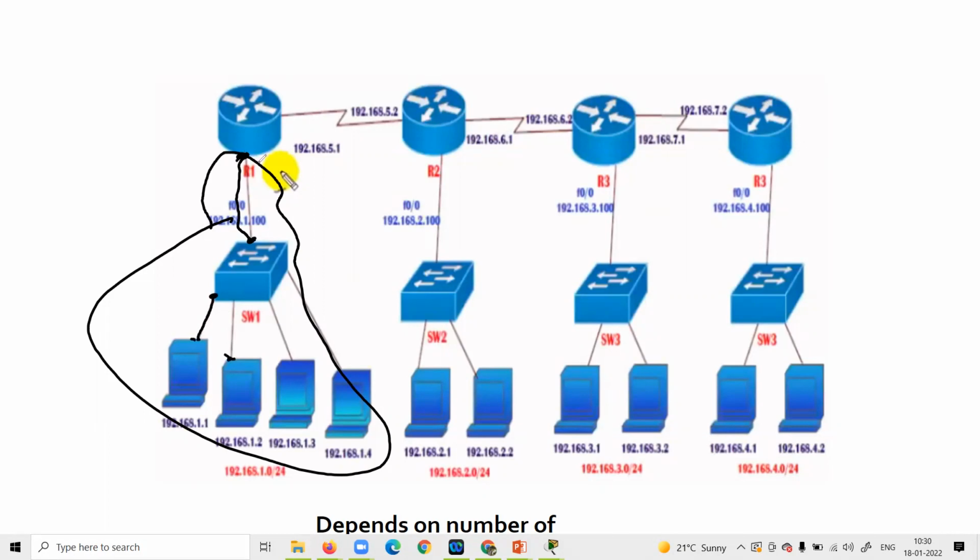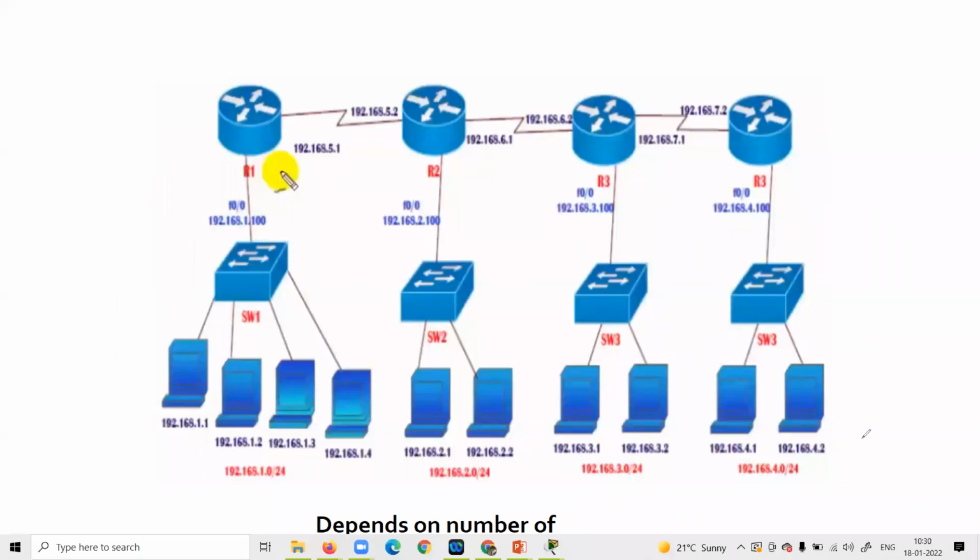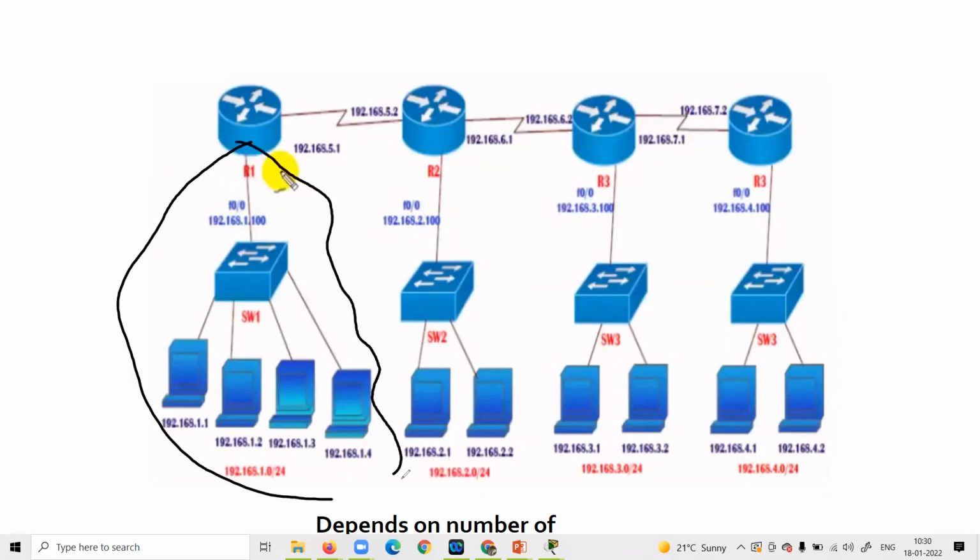So please, up to this, it is a LAN. The IP address of this port will also be covered under the LAN. Please understand. So that's why I have drawn from here like this. And this is LAN 1.